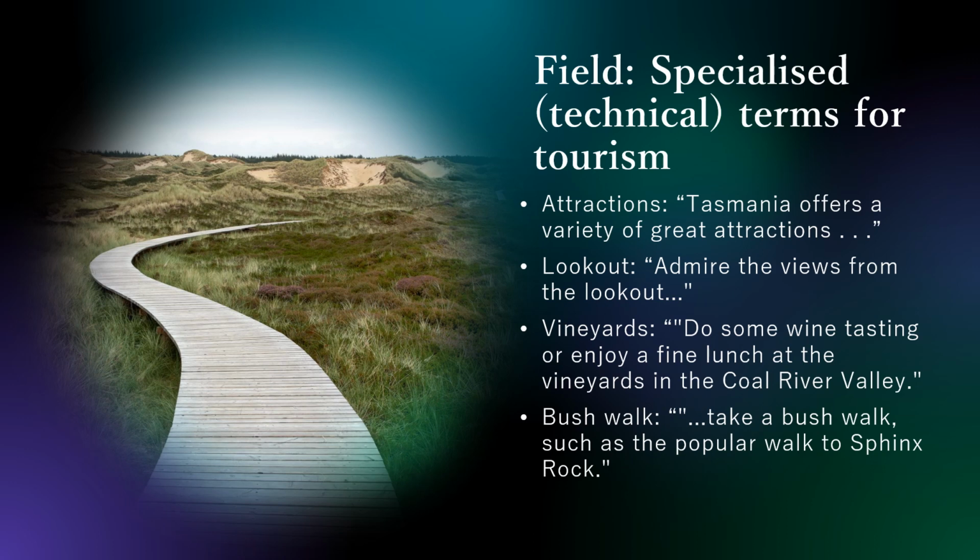So depending on the field of the text that we have chosen, it will be more appropriate for us to use specific terms that are relevant to that particular field.